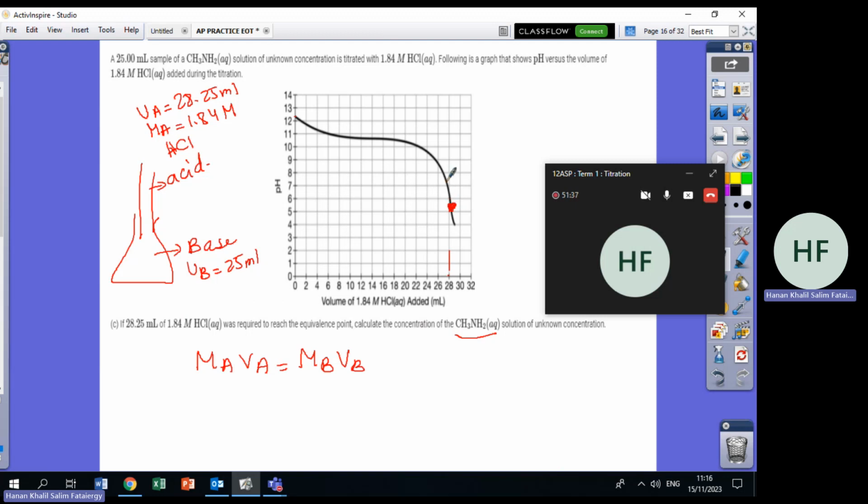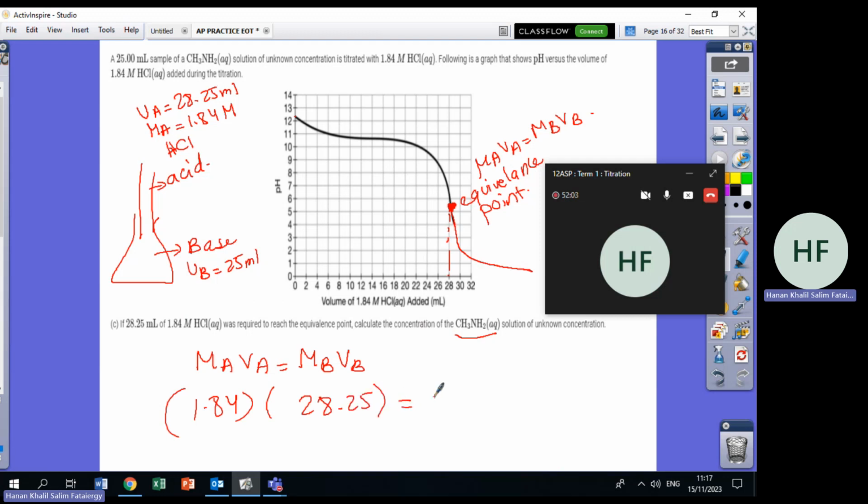Notice that this should be the midpoint for this, so I will stretch this a bit and then move it like this. Okay, this is the rest of the graph. This is the equivalence point, and at equivalence MAVA is equal to MBVB. Now the molarity of the acid is 1.84, the volume of acid is 28.25, the molarity of base is needed, and the volume of base is 25.